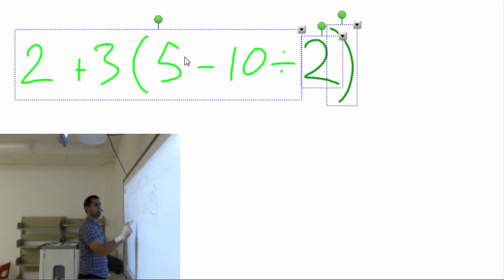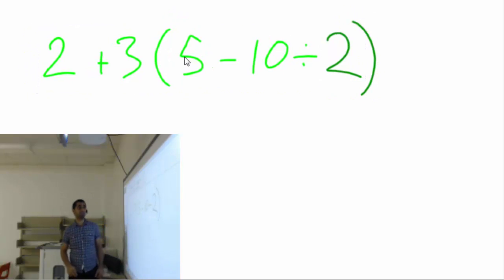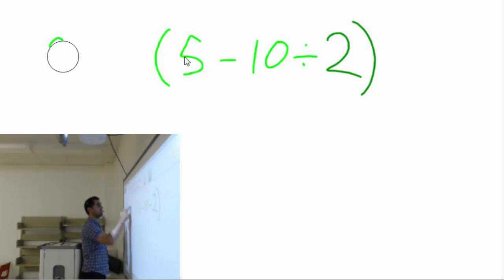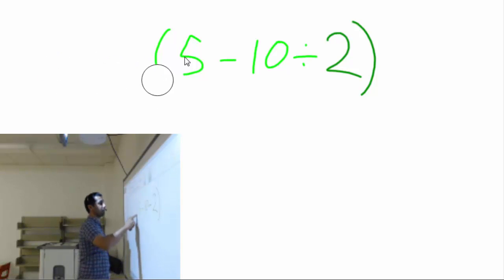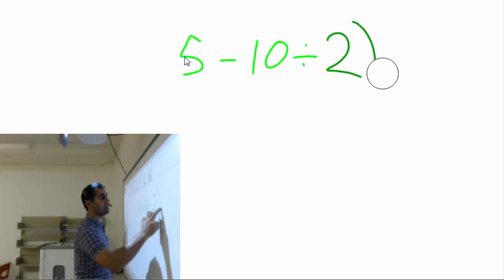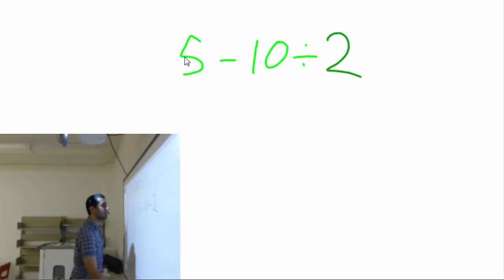Open a new page here. Now I'm gonna deal with this question, and yes, bracket is first, so I'm gonna get rid of this, and one bracket from the left, one bracket from the right. Alright, let's deal with that. 5 minus 10 divided by 2. So I am looking at subtraction and division here.